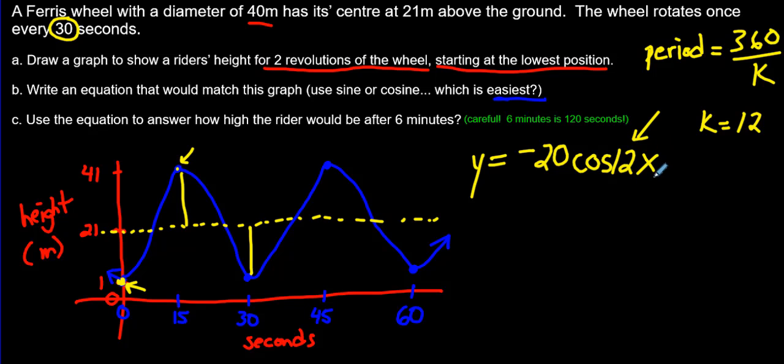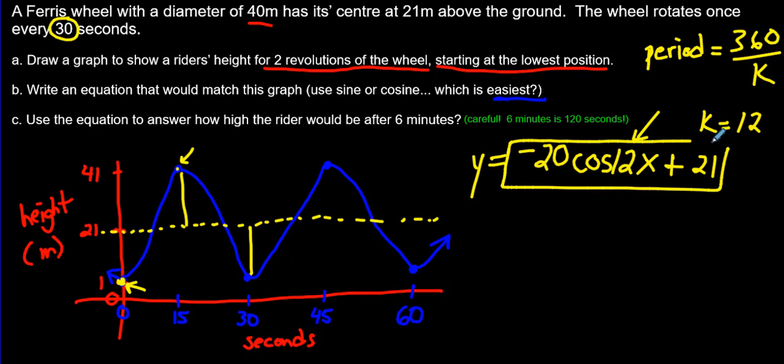There's no shift left or right once again, so I'm not putting a bracket around the x and putting a plus or a minus here. But on the end, it's going to be a plus or a minus depending on what the axis of the curve is. The axis of the curve is this yellow line. It is 21. And that is our equation.